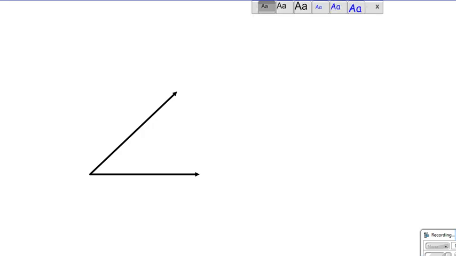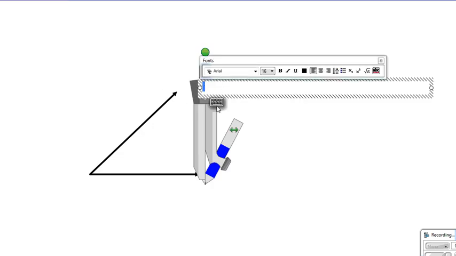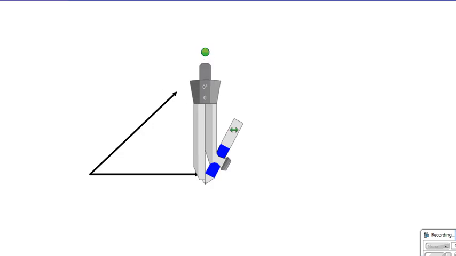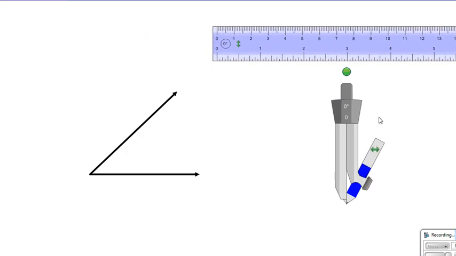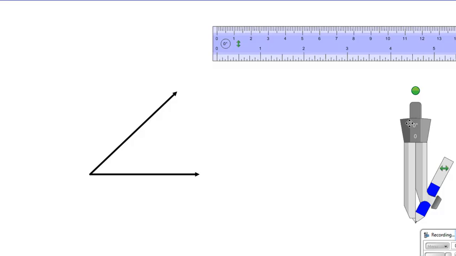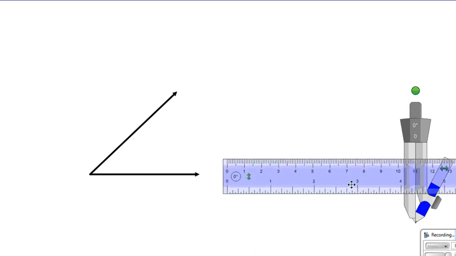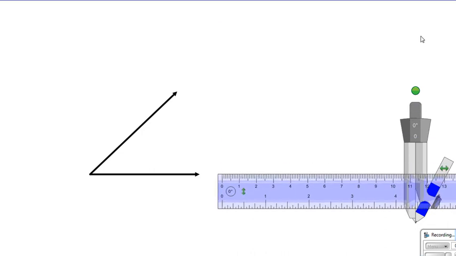Just like before, I'm going to get a compass and a ruler. Put it over here. So in order for us to copy this angle, first I have to draw a line segment. Once again, I'm going to do it with red.